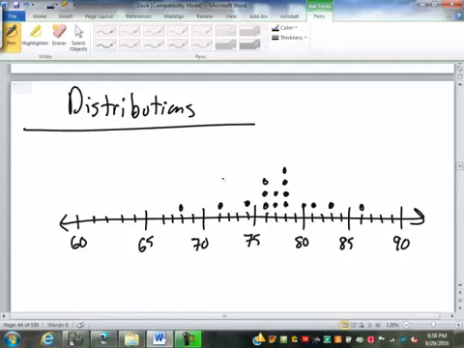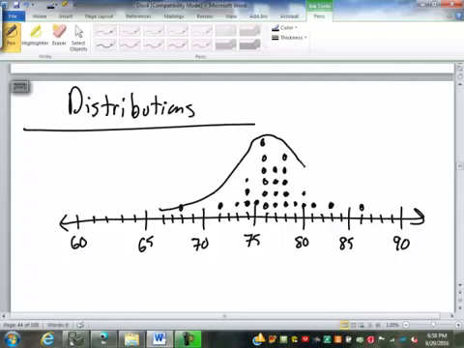So you can see as I build up these dots, it kind of takes shape. And as I build up these dots on the number line here, I get this kind of feel for what the data looks like. And I can actually draw a curve through the top of those dots if I fill them all in.